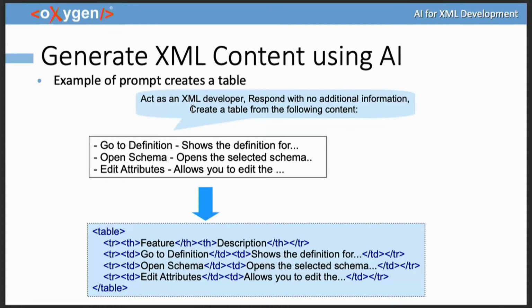Then it also generates a header trying to explain what the information from each column explains. So it's a feature and description here. But you can also change this later if you want to explain that, for example, this is an action in description. But the idea is that you can generate very easily, also on a simple content structure.